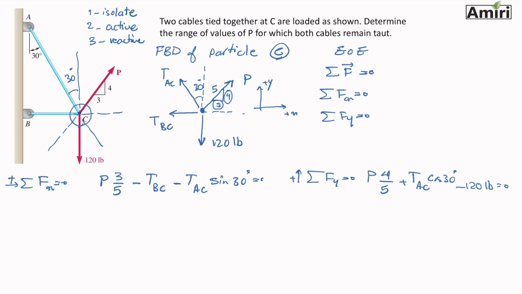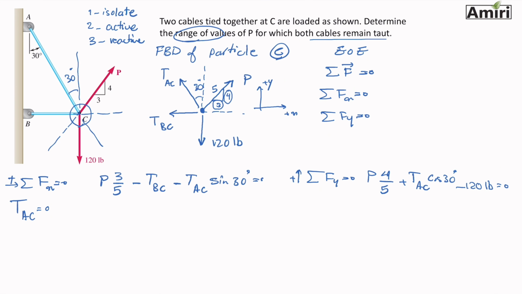All right. The problem tells us none of the cables can have a tension of 0. So that would be my limit for P, because it asks to find the range of value of P. So let's find what P will cause TAC to be 0.